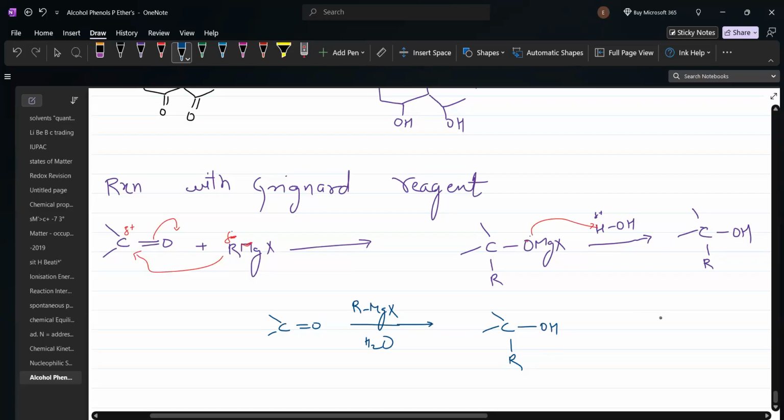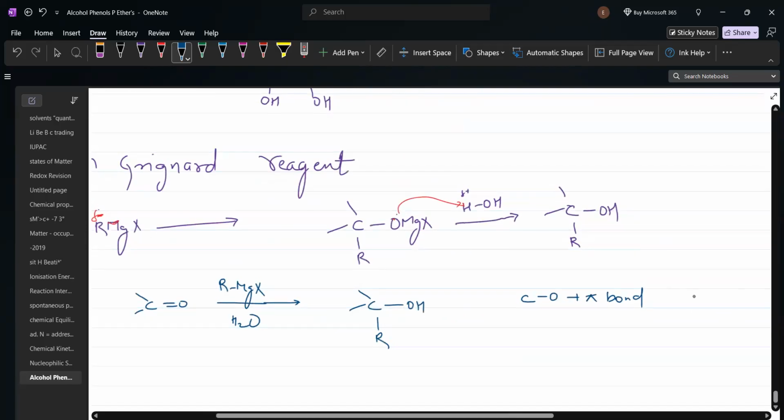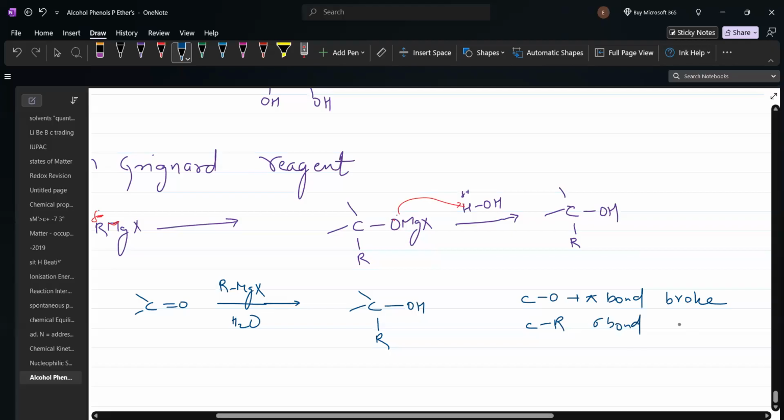So here, the carbon-oxygen pi bond breaks, and the C-R bond, where R is from Grignard reagent, is a sigma bond that has formed. And the OH bond is also a sigma bond that has formed.